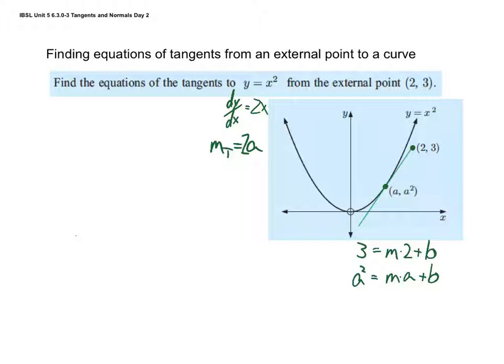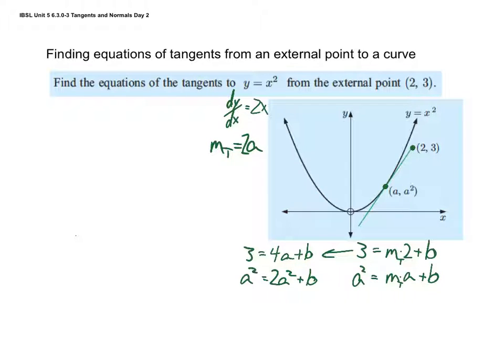Well, but we have a third equation, right? Because this m is the slope of the tangent line. What does the slope of the tangent line equal? 2a. So guess what? It's going to be 4a, and then 2a squared. So 3 equals 4a plus b, and a squared is 2a times a, so that's 2a squared plus b.